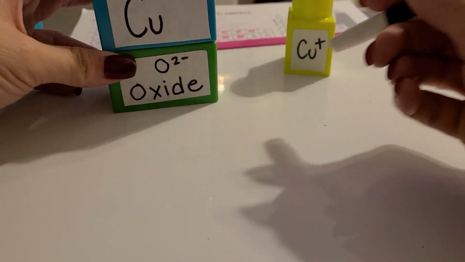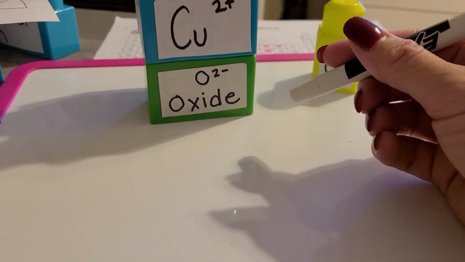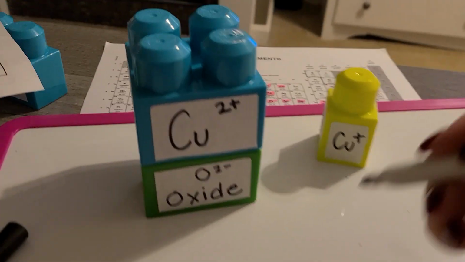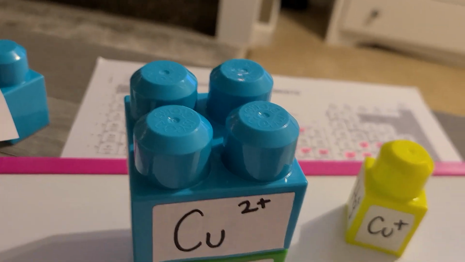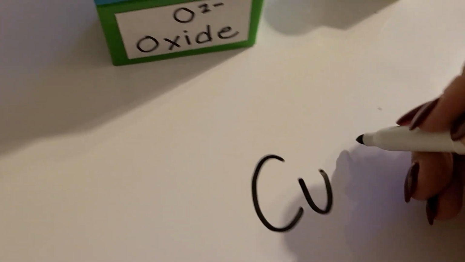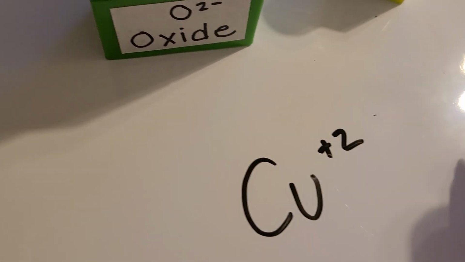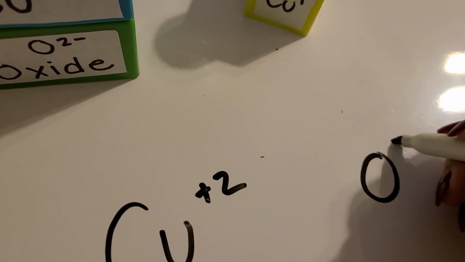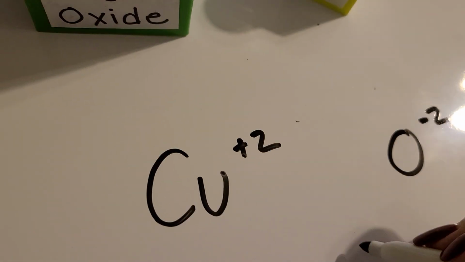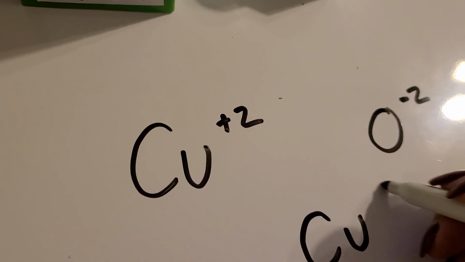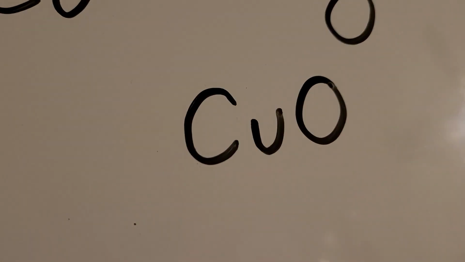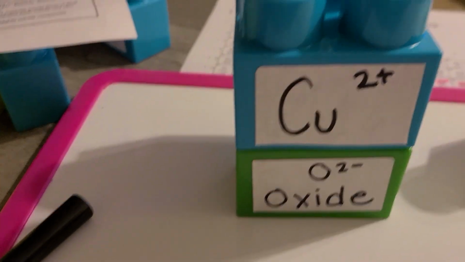So you would write this like Cu, it would be +2 and O -2, so those cancel out. CuO. So that's how you'd write the chemical formula for this compound.